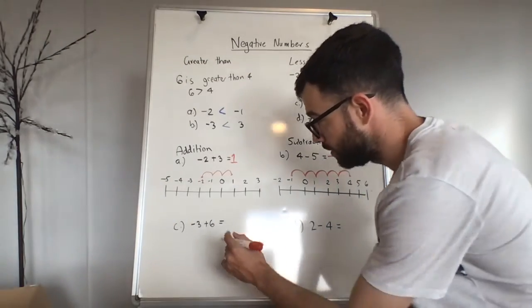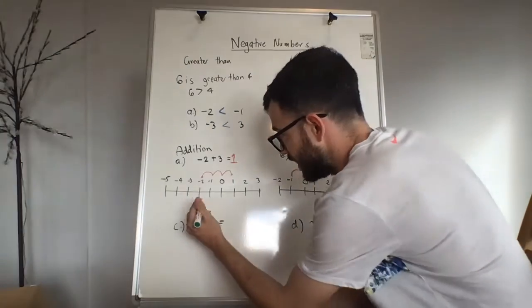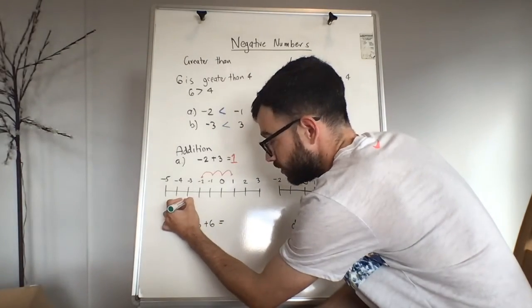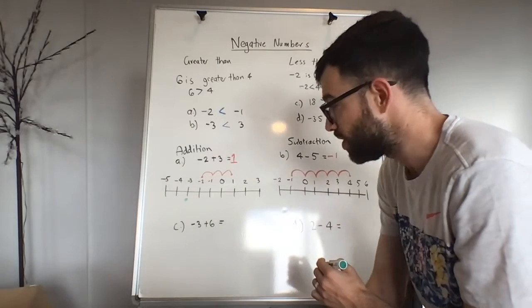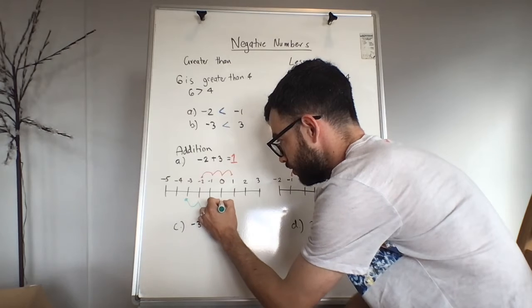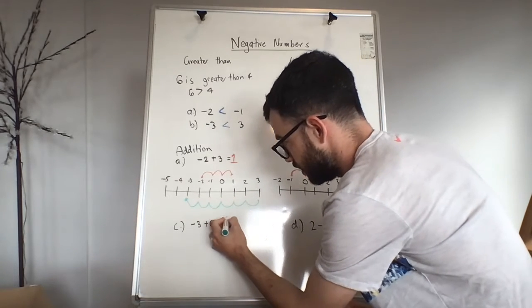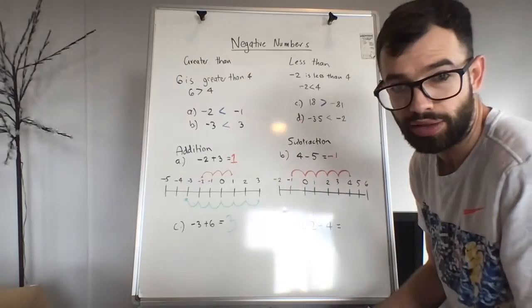So the last two problems, let's change the color. We start at -3, and we're then going to move 6 spots. 1, because we're moving to the right, 2, 3, 4, 5, 6, and we end up there with our answer being 3.